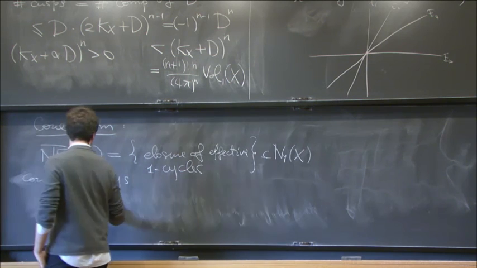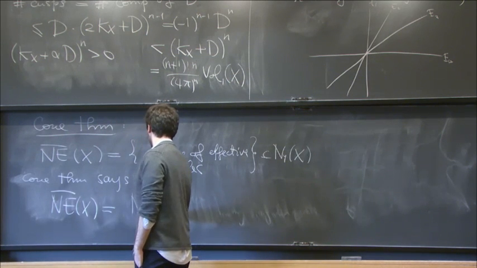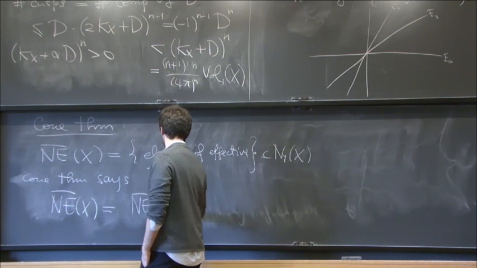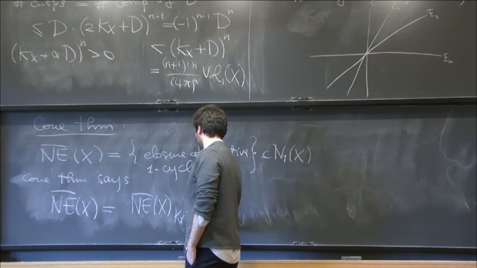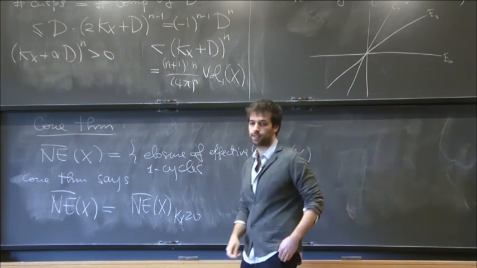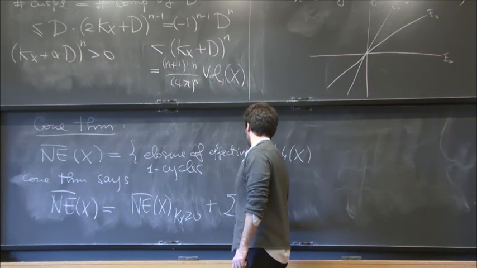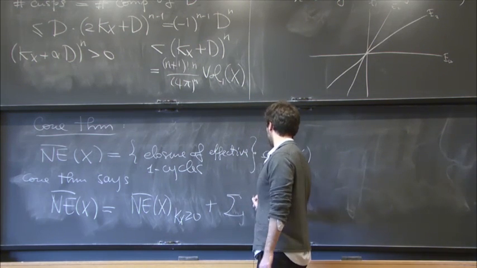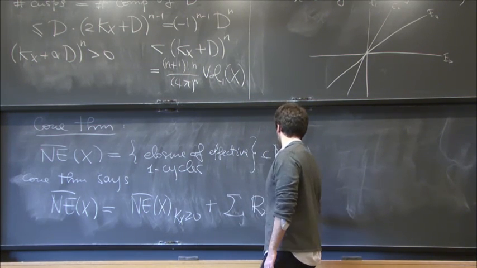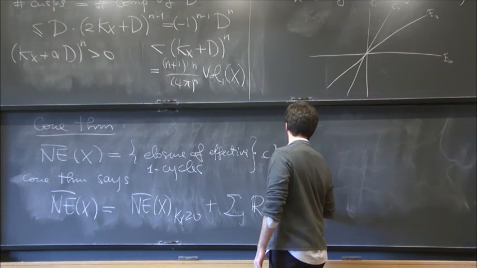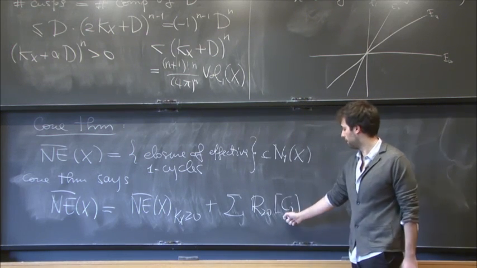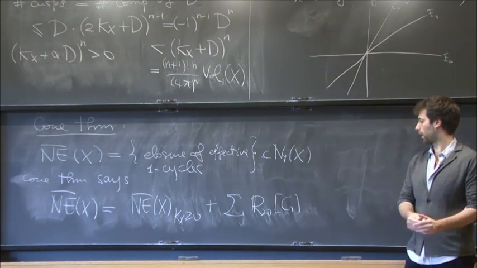If I look at NE(X), this can be decomposed as effective cycles with non-negative intersection with the canonical class, plus a countable sum of extremal rays, and these extremal rays are generated by classes of rational curves.